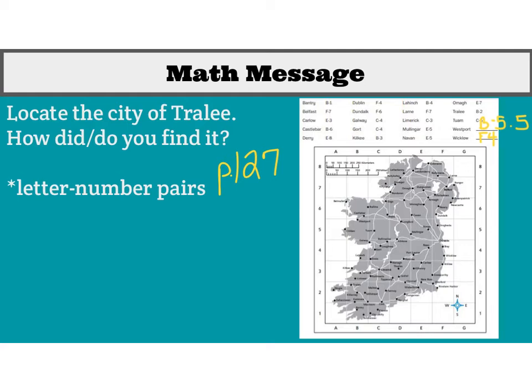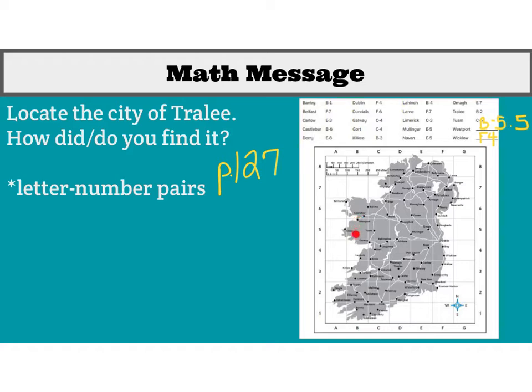Okay, so let's take a look at how you did. When I looked for Westport on the map, I found it right here. And if I look for the letter at the bottom, that would be B. And notice that there's a line right here, and then we go up to 6.